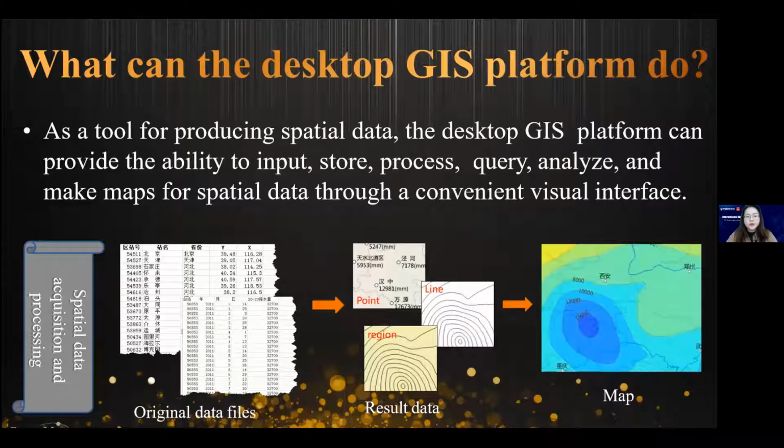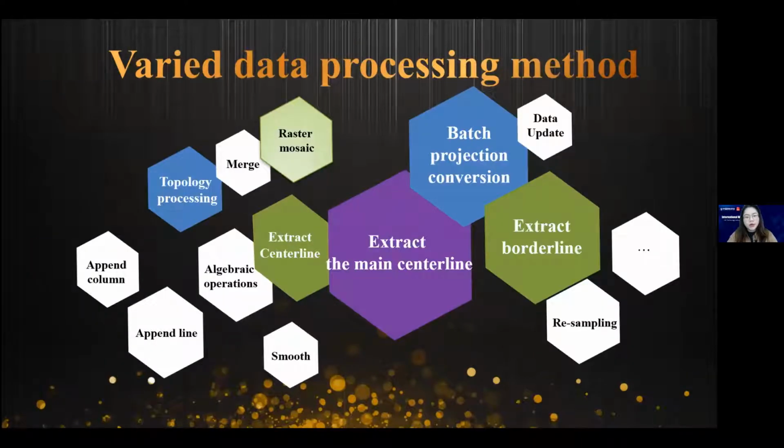And as a tool for producing spatial data, the iDesktop GIS platform can provide the ability to input, store, process, query, and analyze, and also make maps for spatial data through a convenient visual interface. And here are varieties of data processing methods.